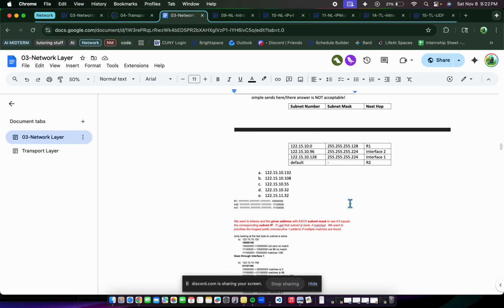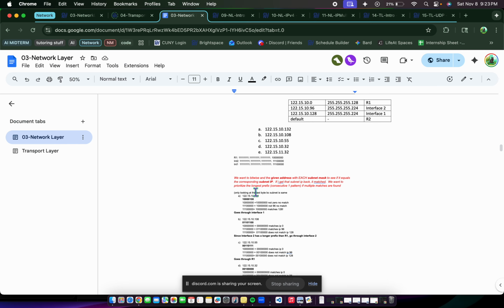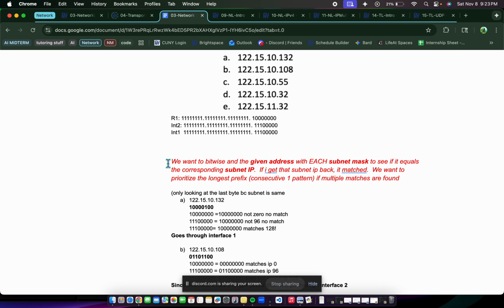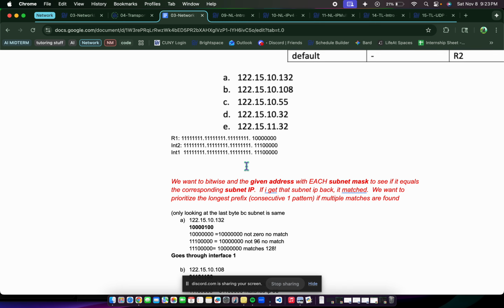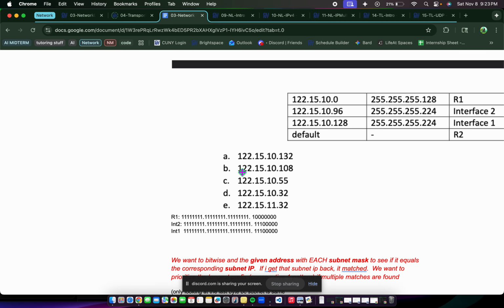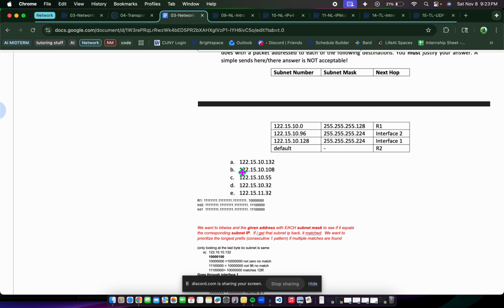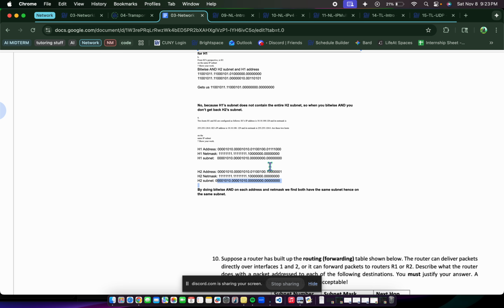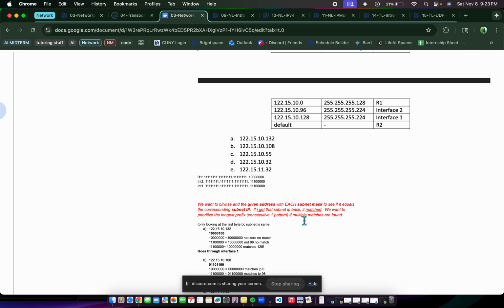Okay. So the key here, the rule in red, is we want to bitwise AND the given addresses with each subnet mask to see if it equals the corresponding subnet IP. Quite literally almost exactly what we were doing here. And if we get that subnet back, we have a match.